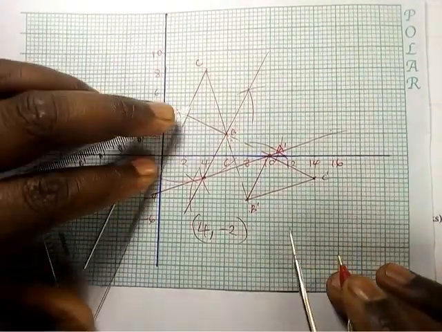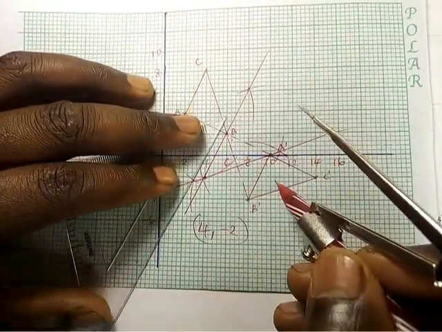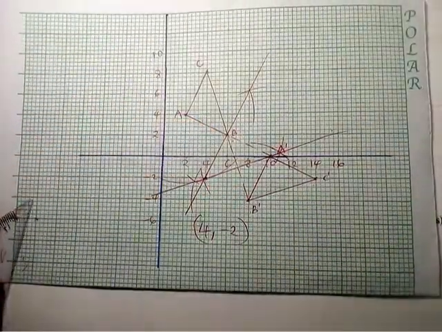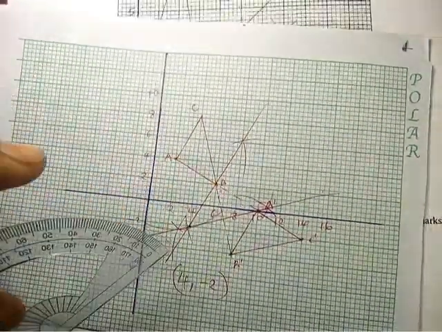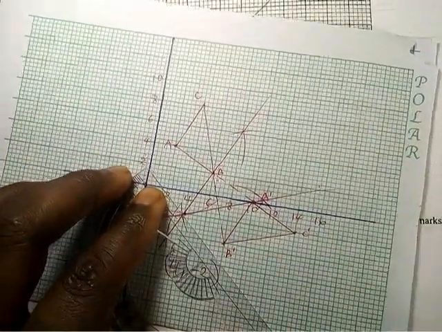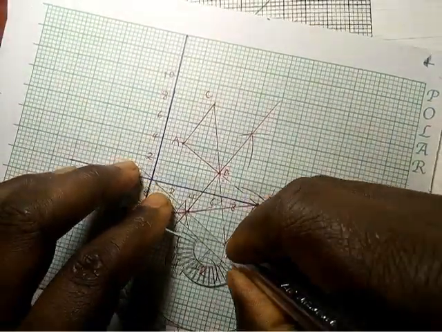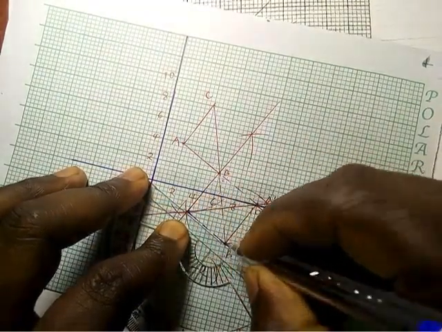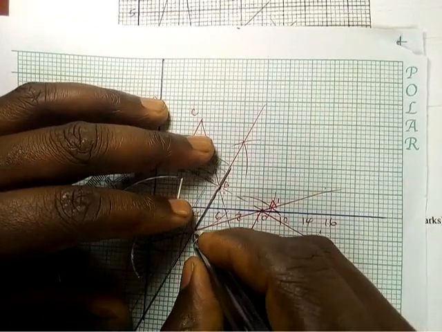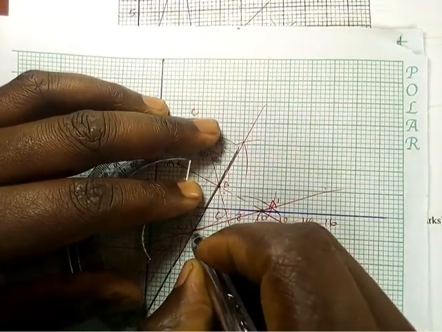Since that is the center of rotation, you can now take your protractor, stand at the center, and draw a line from P to P prime. You can draw this line here to the center. We want to find the angle: we have the center and go to P, then measure that angle.